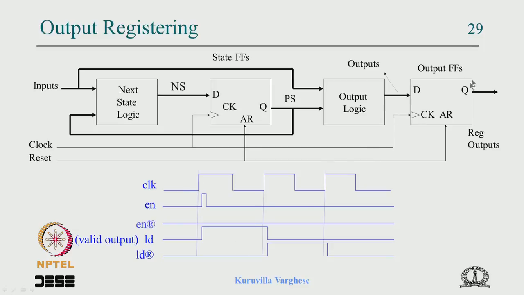At the next clock edge, this glitch would have disappeared, so the registered enable remains 0 throughout. But if it is a valid output which starts at this point and goes all the way to the next clock period, at least in the worst case one clock period, it can remain high, it does not matter.